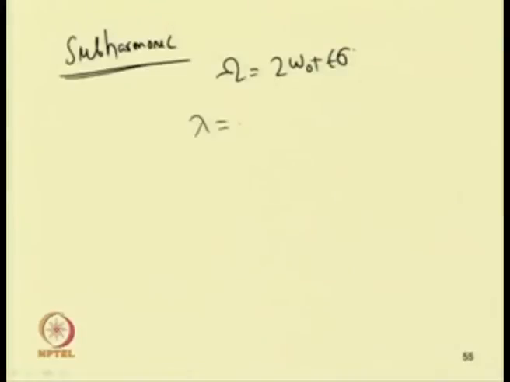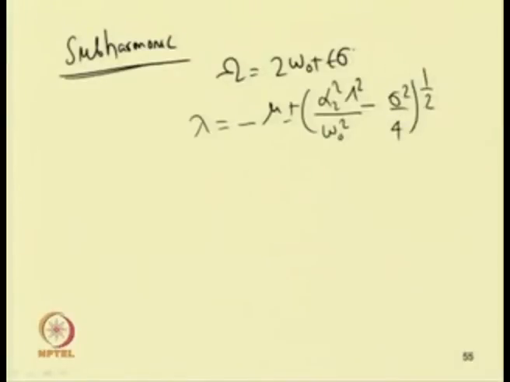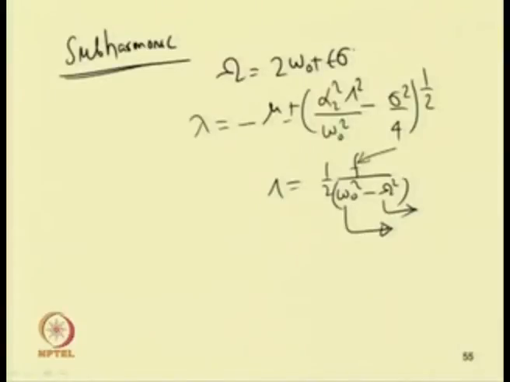So, this will be minus mu plus minus alpha 2 square lambda square by omega 0 square minus sigma square by 4 to the power half. Here lambda equal to half f by omega 0 square minus omega square. Here omega is the external frequency, omega 0 is the natural frequency of the system, and f is the amplitude of the external excitation.